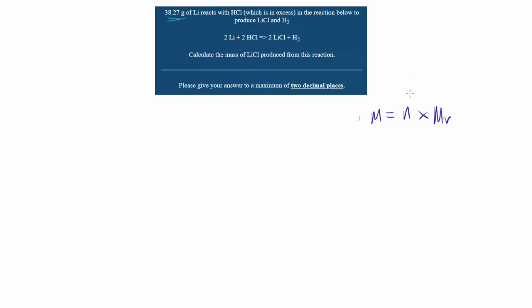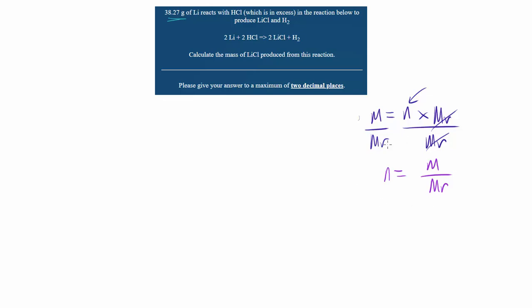What we're trying to get is the moles of lithium, so let's divide both sides by the molar mass, which cancels here, and gives us the equation that the number of moles n is equal to the mass divided by the molar mass.